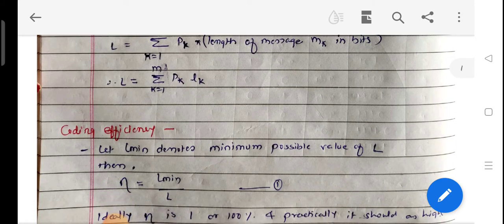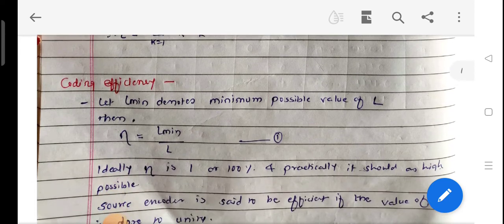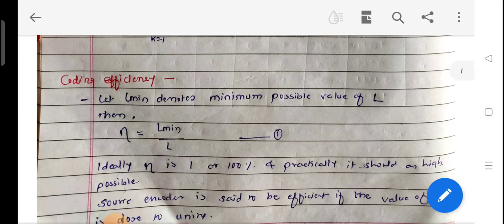Coding efficiency represents how effectively a source encoder generates a code sequence or code word. Suppose Lmin denotes the minimum possible value of L, the code word length. Coding efficiency is given by eta equals Lmin upon L. Lmin is the minimum length of the code word generated by that source encoder, and L represents the length of that code word.